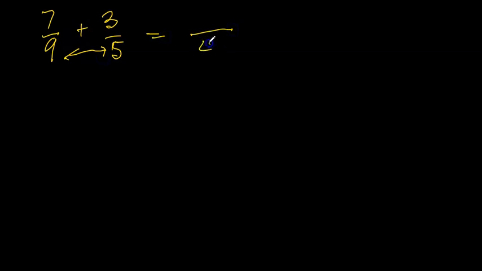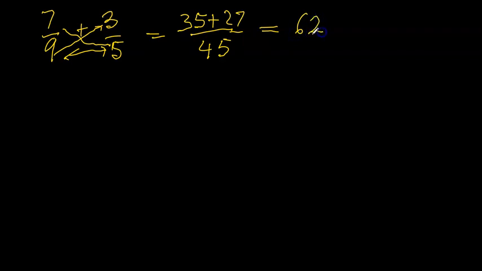So we got 45. 9 times 5 is 45. The operator is here. Second move, this is 7 times 5, which is 35. Third move, this, which is 9 times 3, that's 27. Now we add the numerators. So we have 35 plus 27, which is 62 over 45. That's another improper fraction.